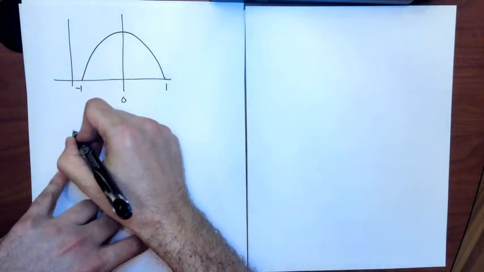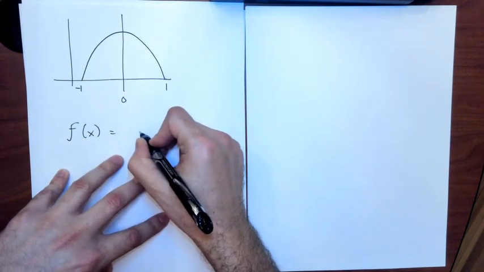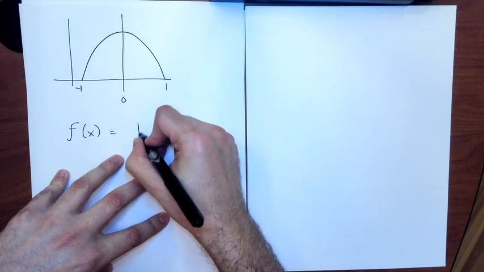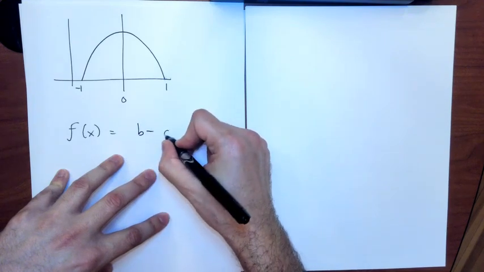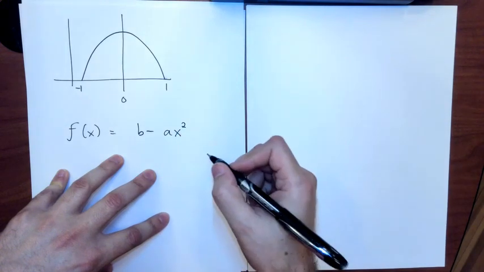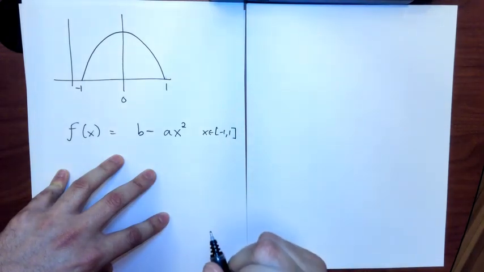So let's suppose that I know that this PDF has to look like basically b minus ax squared for x in -1 to 1. Maybe you shouldn't be taking notes on this because I'm just making it up as I go.